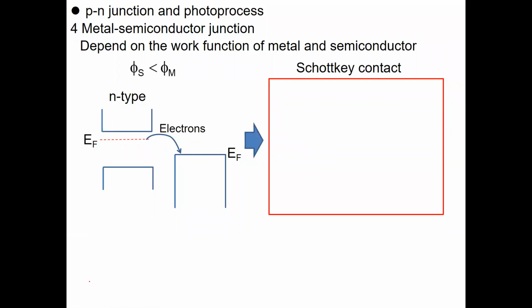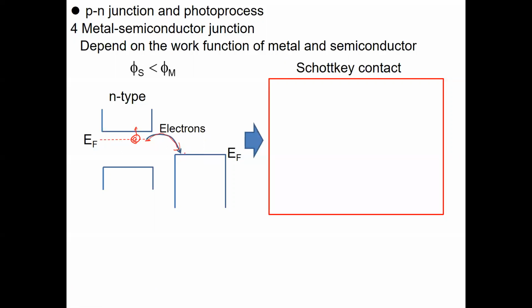So in the case of N-type, since there are donor sites, this electron is originally excited to the conduction band, but since this energy level, the Fermi energy, is higher than the metal Fermi energy, this electron is now transferred to the metal side.